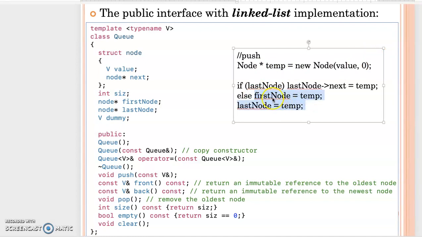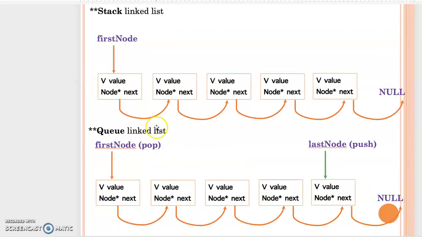But this situation is really the very beginning, the first value we want to push. Afterward, your last node points to a node, so the last node is not equal to 0. Then we add the new node to the last node next.